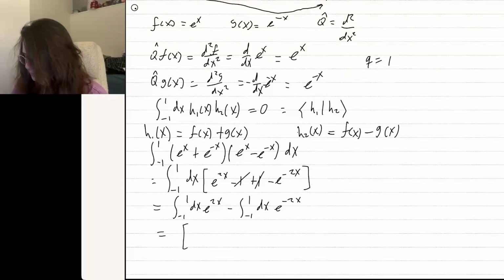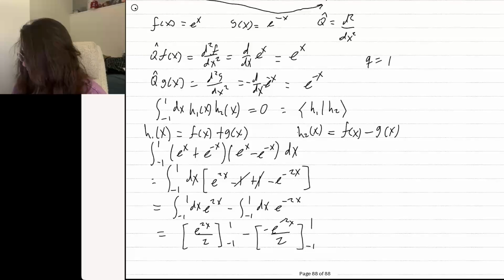Both integrals are pretty chill. This is e to the 2x over 2 from minus 1 to 1, and this is minus e to the minus 2x over 2 from minus 1 to 1.